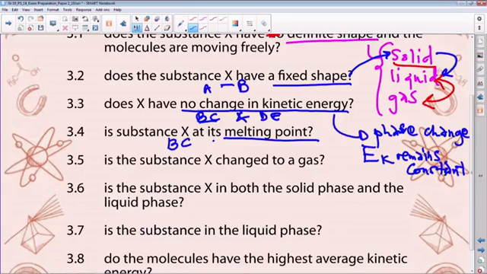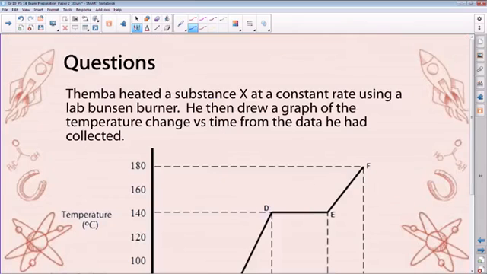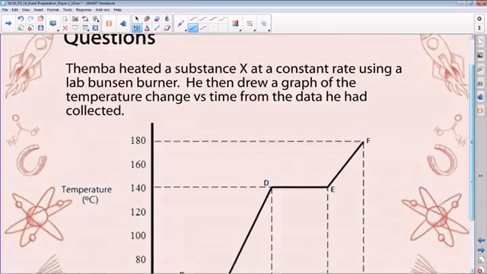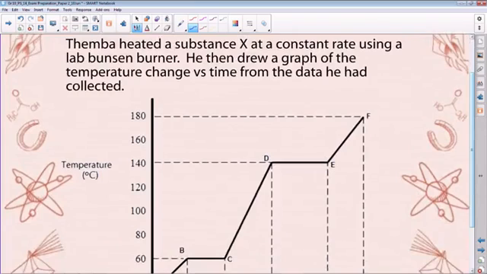Now, the substance changed to a gas. So we are looking at this particular aspect between D and E. There's a phase change between D and E, because temperature remains constant.